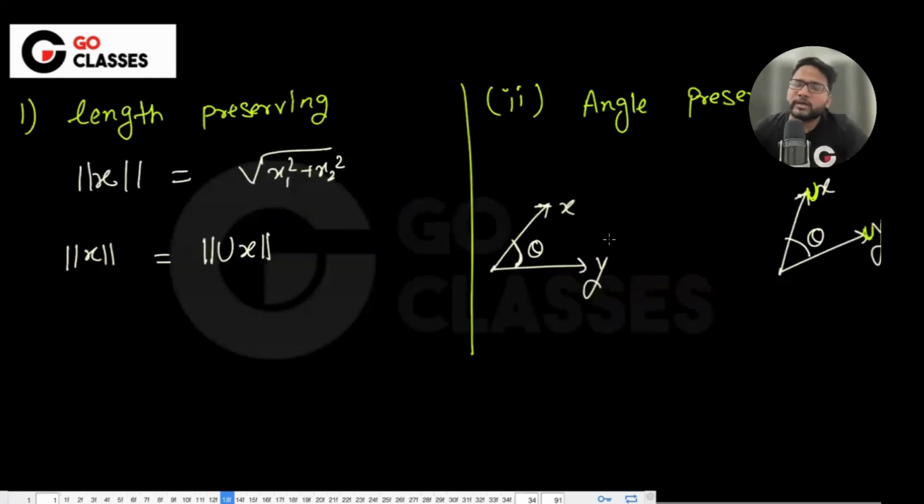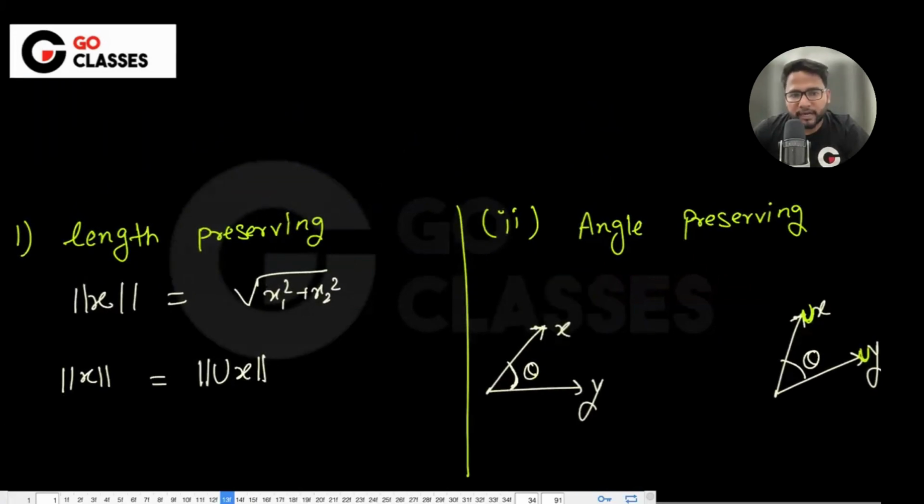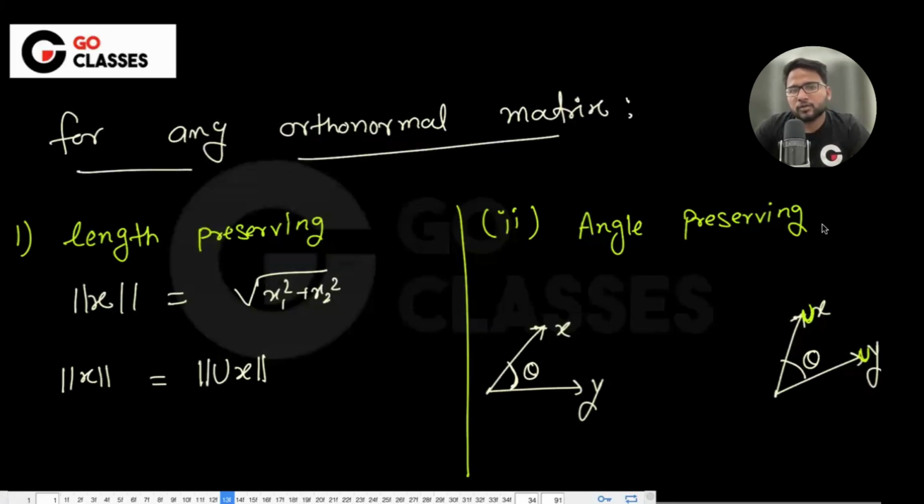But we want to prove that for an orthonormal matrix u, this will not happen, which means the angle is the same. So these are the two properties that we want to prove, and they hold for any orthonormal matrix. So let's just see how to prove that it is length preserving.